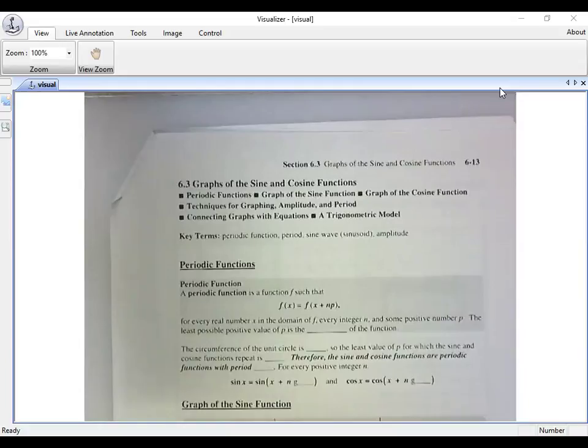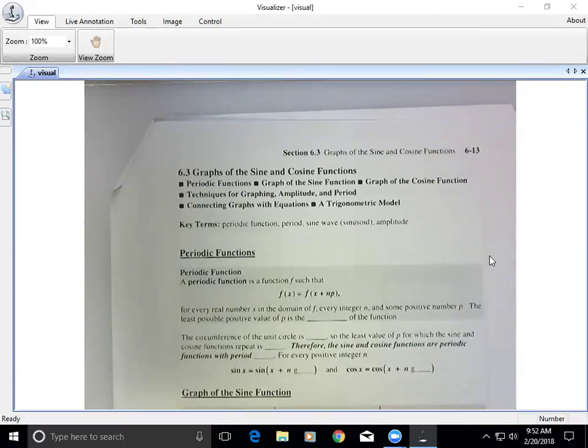All right, here's what I'm looking for. I want to show you guys something as we get ready to move into 6.3. We kind of looked at this before. Okay, let me see if I go to this.